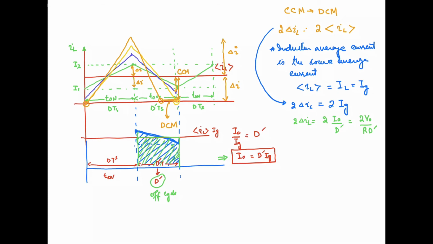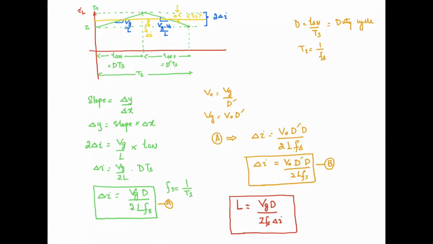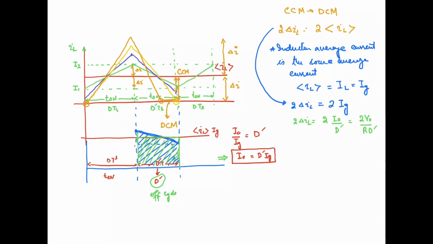And we have worked out the expression for delta I. Either you can use the equation A or you can use the equation B. Both are going to represent the delta I. So let's use the equation A. So equation A used over here, we can write it like that, 2 into Vg into D divided by 2 into inductance into the switching frequency, that should be equal to 2 times the V naught divided by R into D prime.